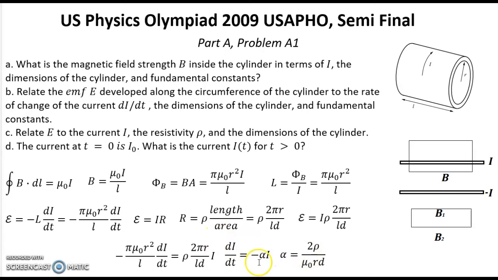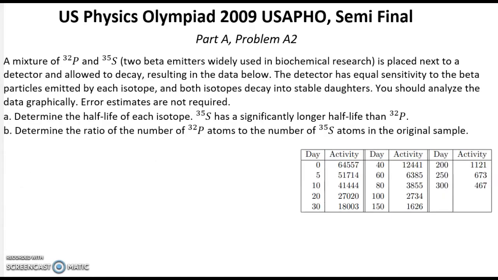That's a simple differential equation which has a solution for initial current I0 like this. This is the answer for question D, where coefficient alpha equals this one. So we got all these 4 answers.